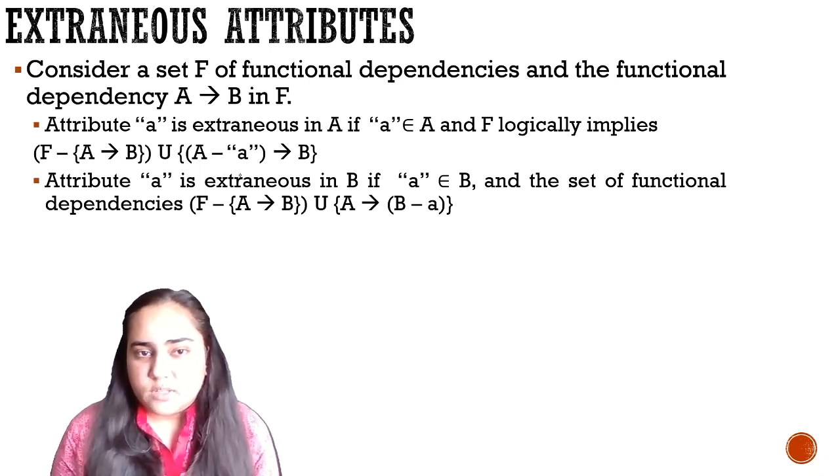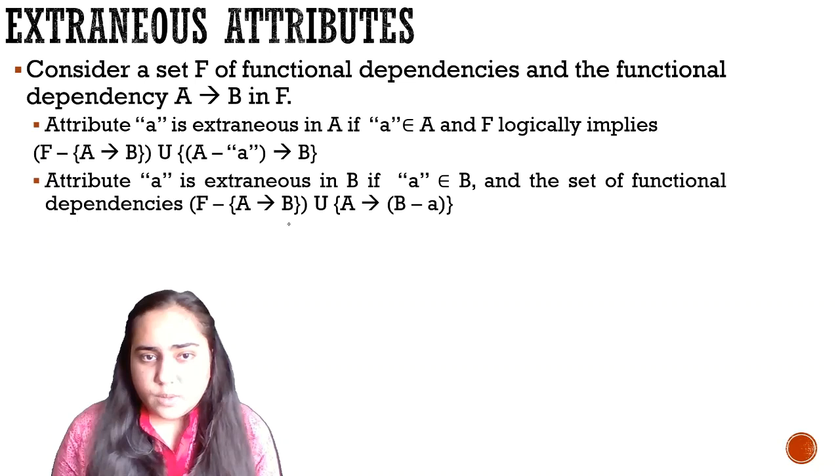And then the second rule is about the right side. This time we are saying that small a is some extra attribute in B, which is on the right hand side. So you can say that small a belongs to B, and there is a set of functional dependencies. So here you can say F minus A determines B. So I'm removing once again the original dependency from here.